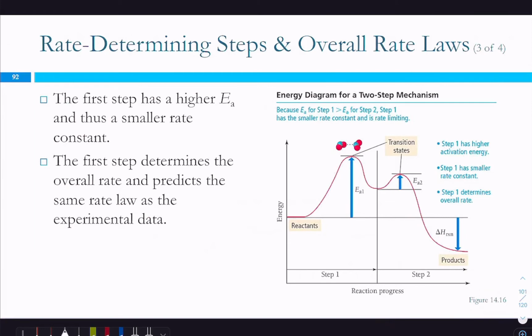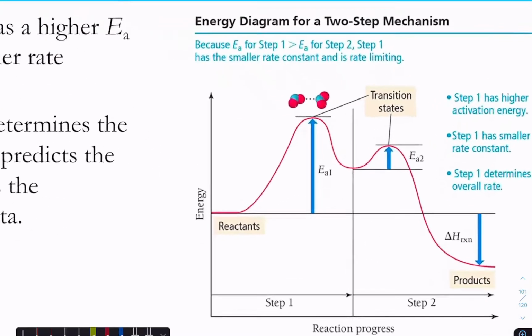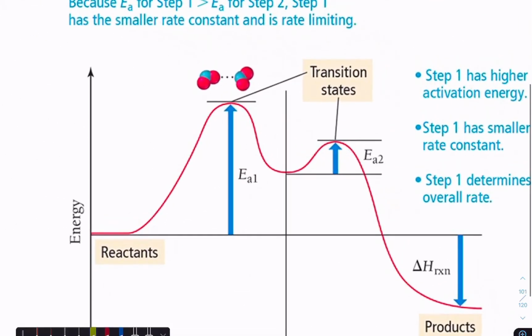All right. So we've looked at some energy reaction diagrams, and I know you've had them on Alex. The first step for this reaction in this energy reaction diagram has a higher activation energy. I do want to point out that the activation energy is the energy from the reactants up to the transition state.